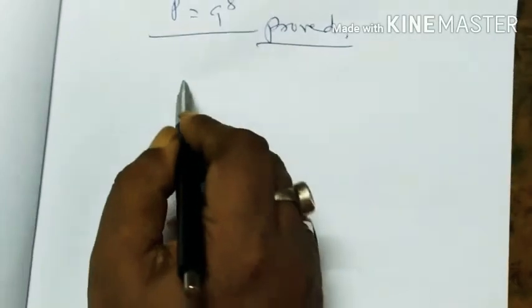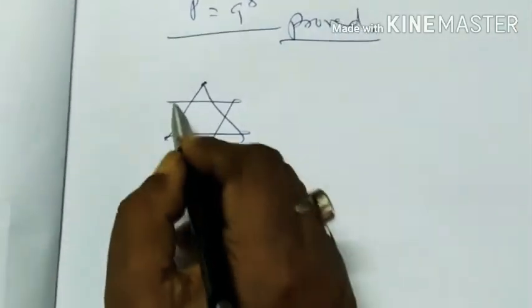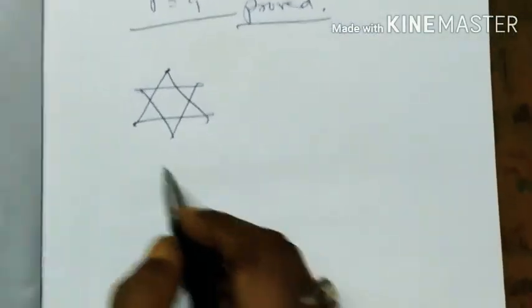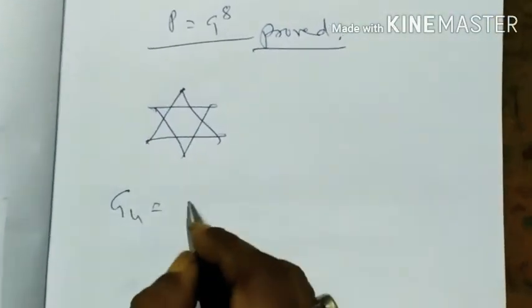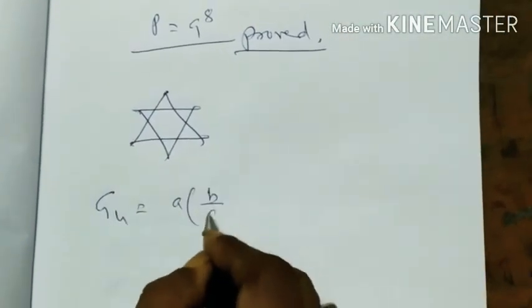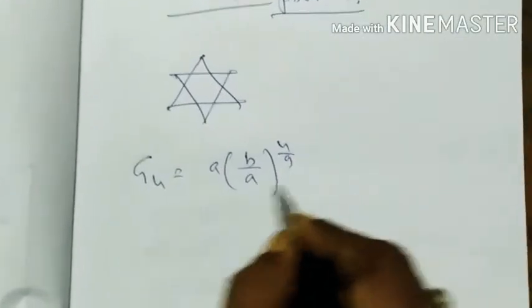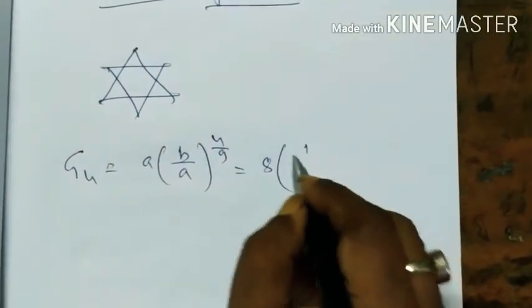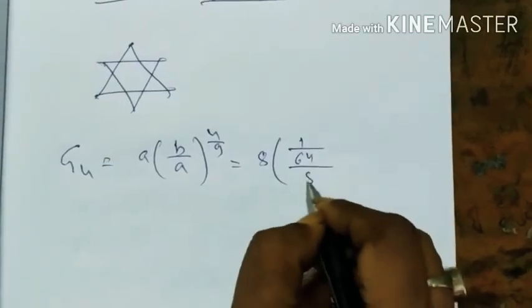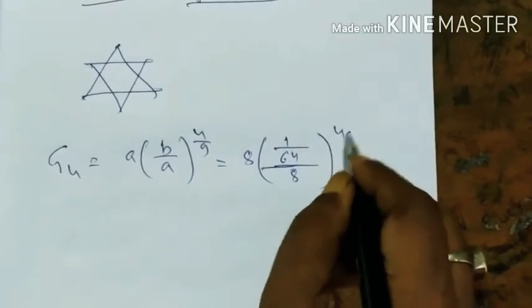That is, you go for all the geometric means. Now G3, after that G4, that will be A, B by A to the power of 4 by 9. 4 by 9, that is equal to 8 into 1 by 64 by 8 to the power of 4 by 9.